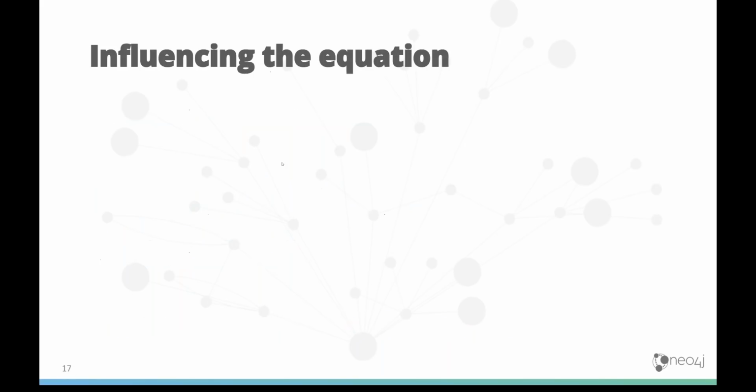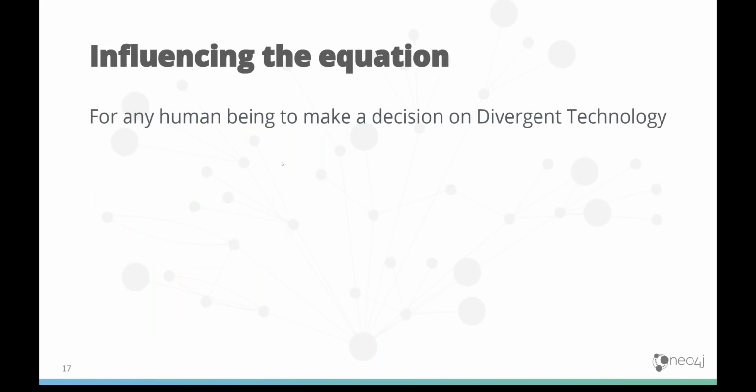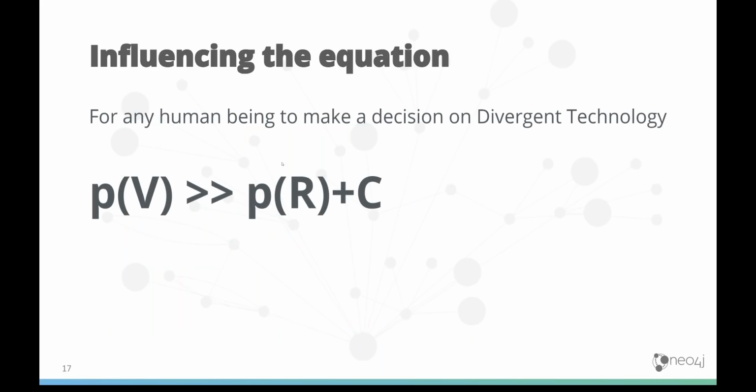Now, if you go to the next slide, there's an important thing here. If we are going to make a decision around divergent technologies, we need to make sure that we influence this equation and that we make the perception of value much bigger than the perception of risk plus the costs.